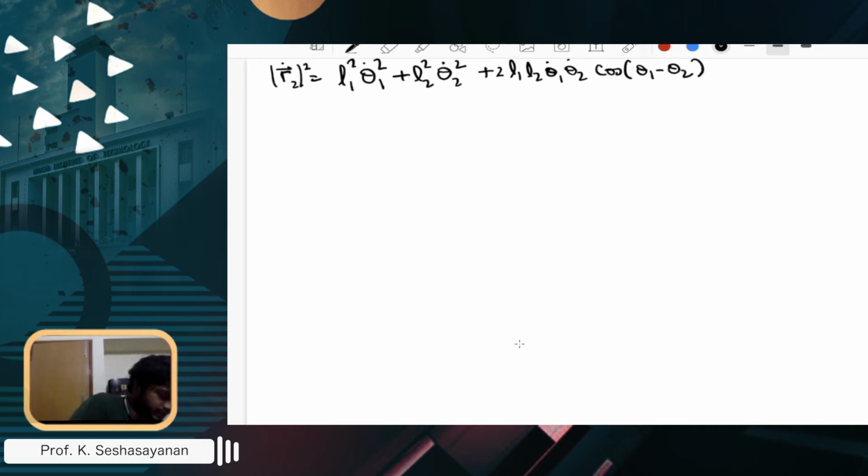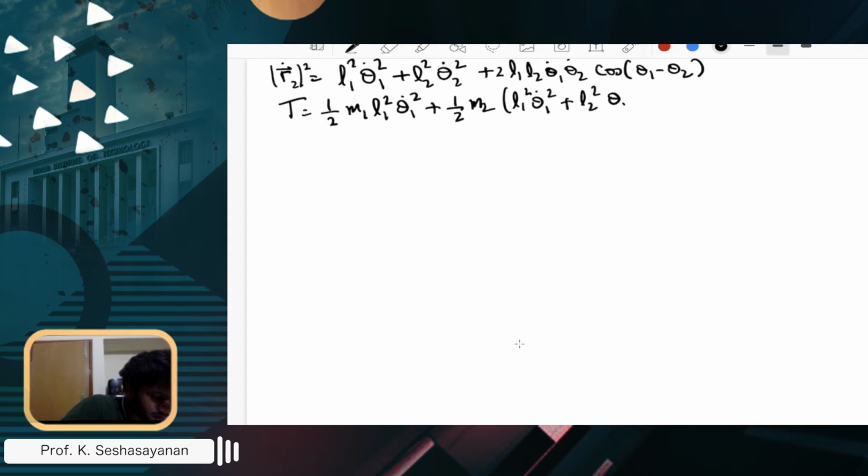So the kinetic energy T is nothing but half m1 L1 square theta 1 dot square plus half m2 times L1 square theta 1 dot square plus L2 square theta 2 dot square plus 2 L1 L2 theta 1 dot theta 2 dot cos of theta 1 minus theta 2.